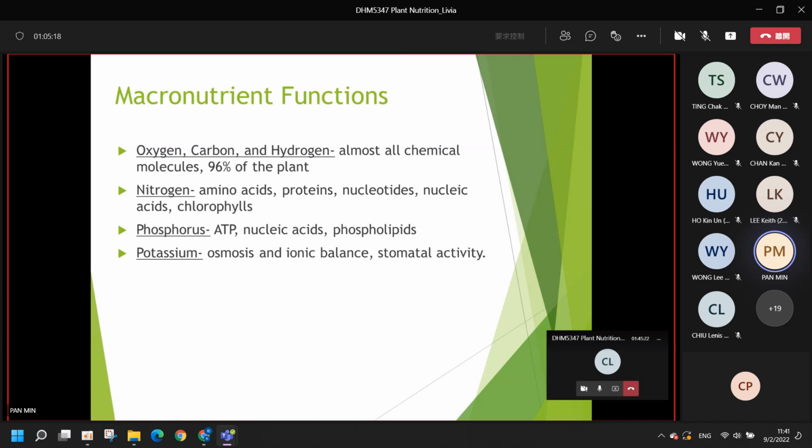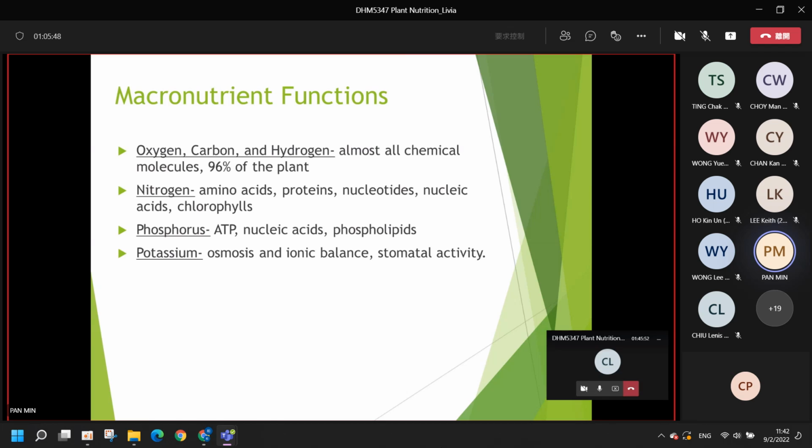And nitrogen is very important. It is the most essential element required after carbon, and it plays a central role in plant metabolism as a constituent of protein and amino acids, chlorophylls, coenzymes, phytohormones, and secondary metabolites.